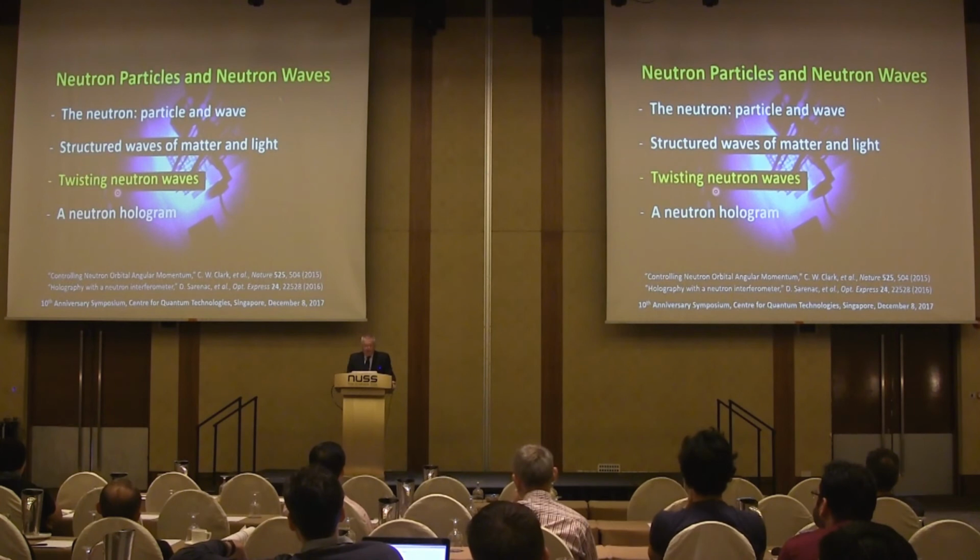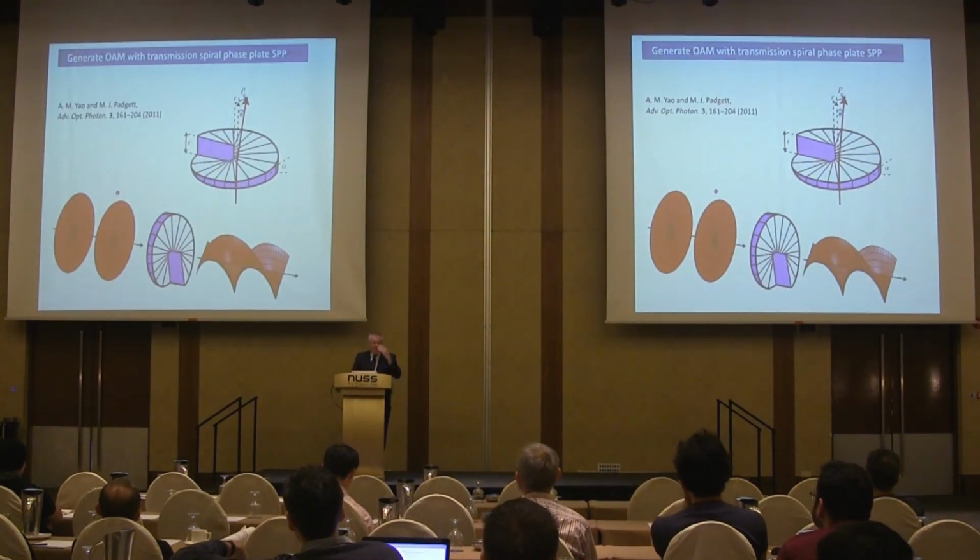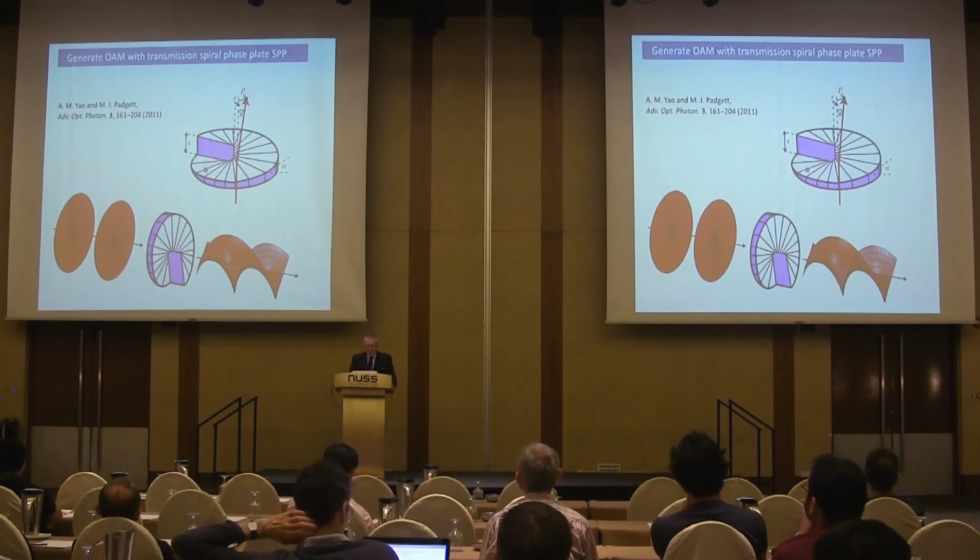So that has been done for light, for atoms, for electrons, and now I'll say for neutron waves, and accomplished by a very, very simple technique that was first used for light and to some extent for electrons, the so-called spiral phase plate. And the basic idea here is that you have the quantum particle traversing the plate, say starting from below.